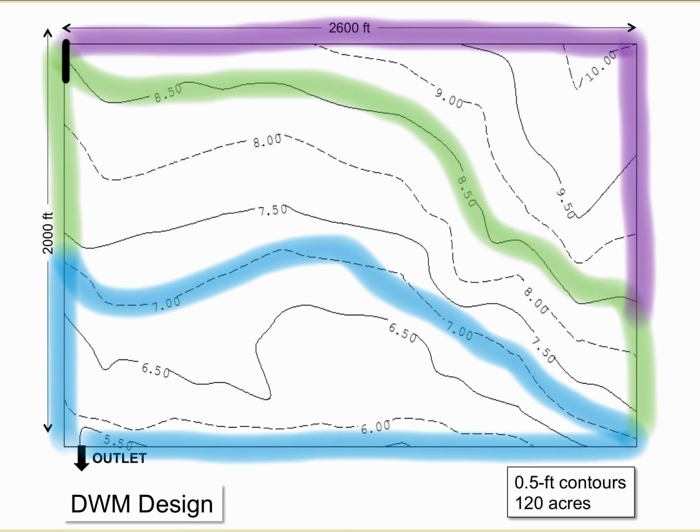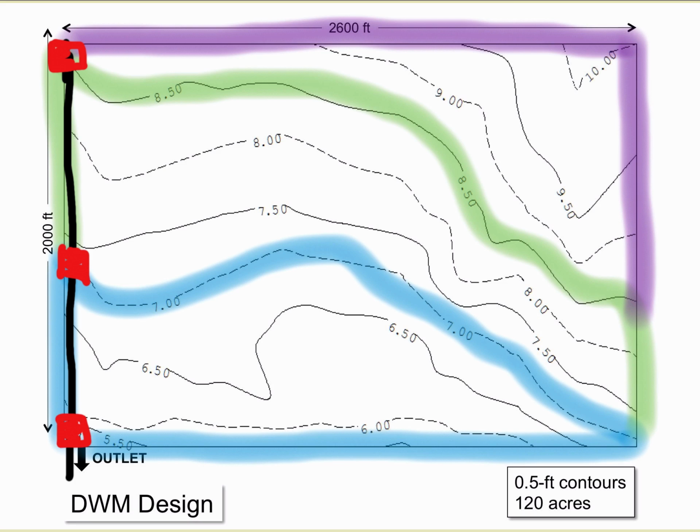So I'm going with a main down the west side of the field here, and structures located at the outlet at 7 feet and at 8.5 feet, like so.